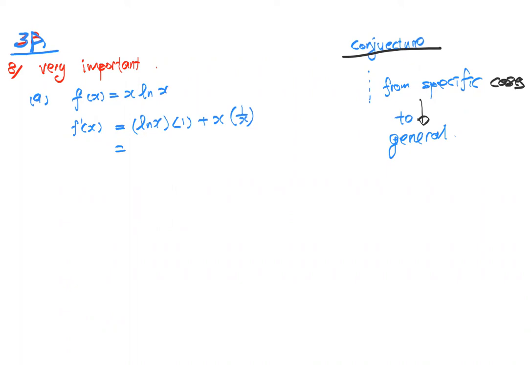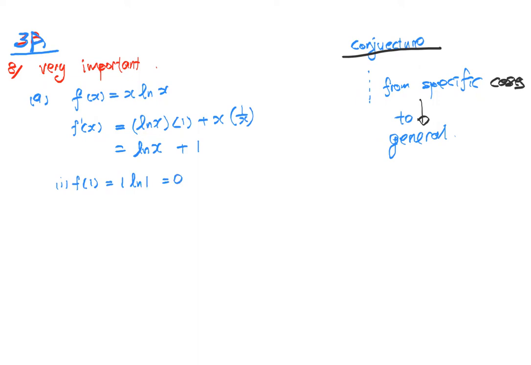Okay, let me complete this one. It's very important. So f prime x is ln x plus 1. I want to find the y-intercept. For part 1, I put f(1) first: 1 ln 1, which is equal to 0.